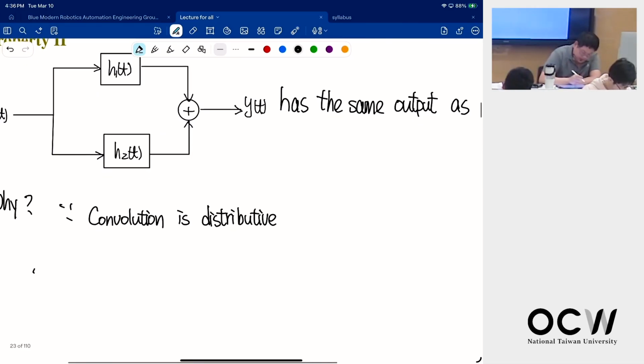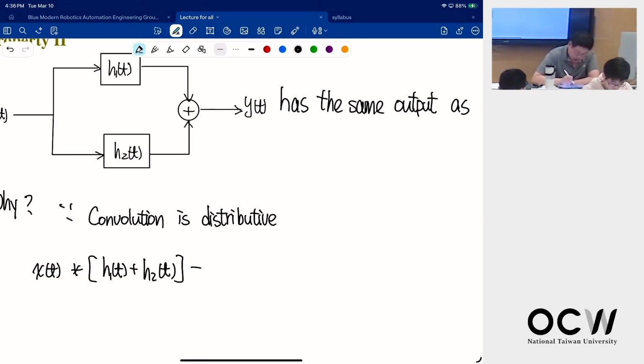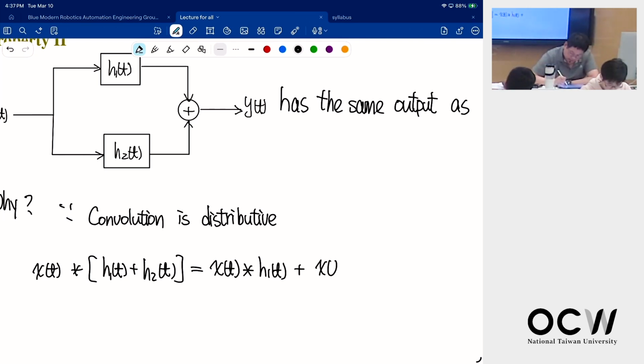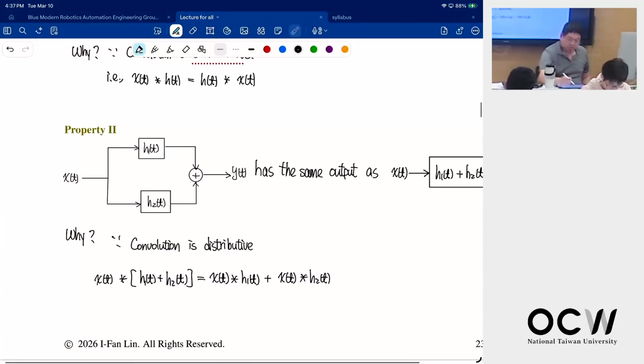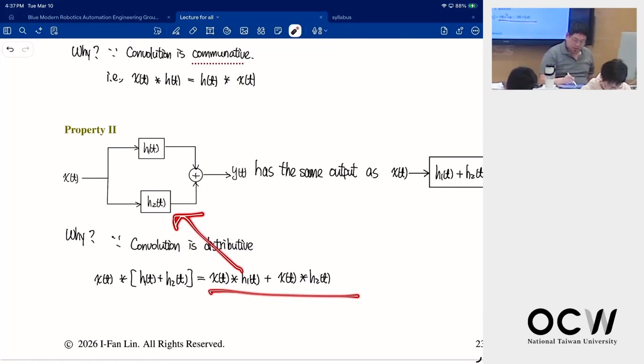Which means that x convolved with h1(t) plus h2(t) is equal to x convolved h1 first, and then x convolved h2, and then I sum them together. This is here, and this is here.